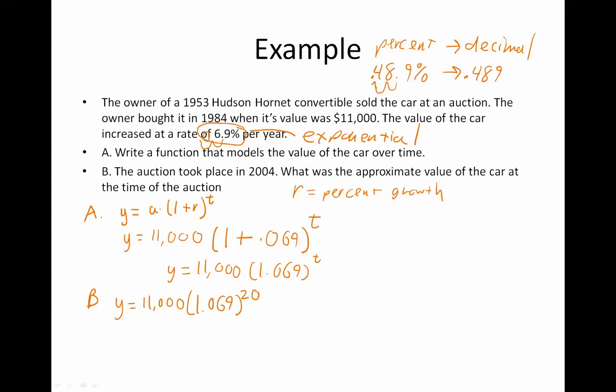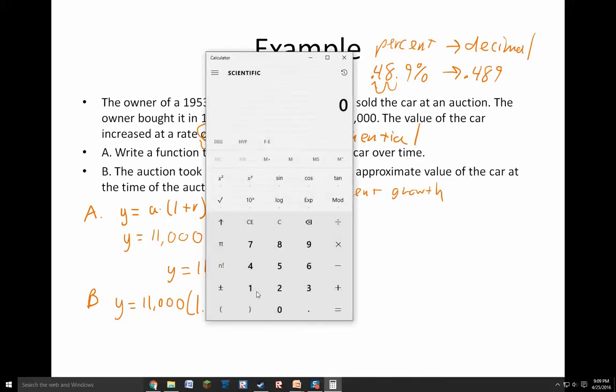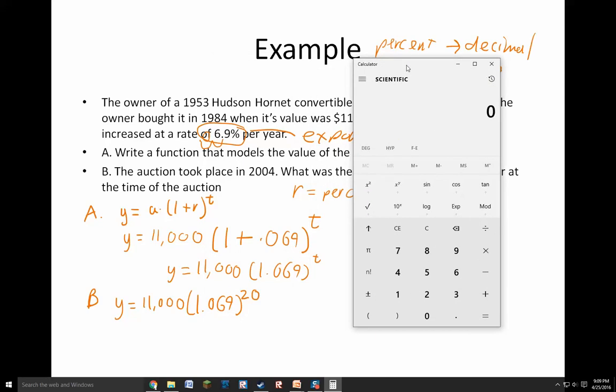So now we simply have to find out what this would be. And to do this, you're definitely going to want to use a calculator for doing something to the 20th power. There is no reason, in fact, it would be silly not to. So I'm going to pull my calculator up here. And there's a couple buttons that you're going to need to familiarize yourself with.